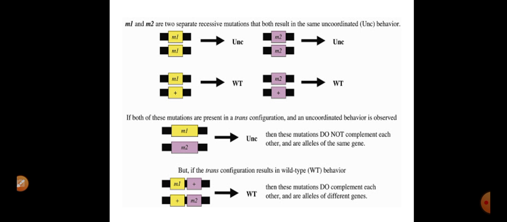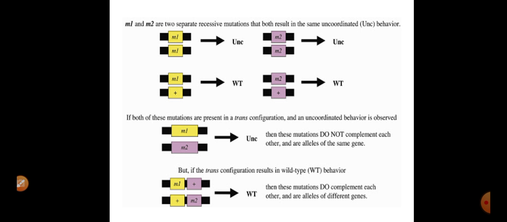Here, when M1 and M2 show uncoordinated behavior, these mutations do not complement each other and are alleles of the same gene. On the contrary, in the last figure, a trans configuration results in wild type behavior, where these two mutations do complement each other and are alleles of different genes.